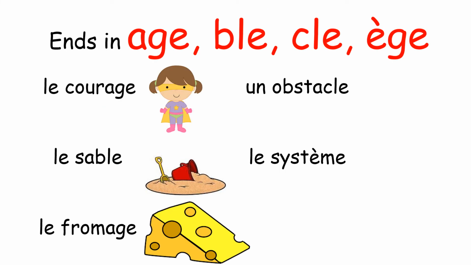And I did say that some of the words that end in E, there are groups of them which are masculine. So these words that we have here, for example, ending in AGE, BLE, CLE, ME. So they would tend to be masculine nouns, but again, not always. So we've got a couple of examples here. Le courage, un obstacle, le sable, le système, le fromage, un cercle.